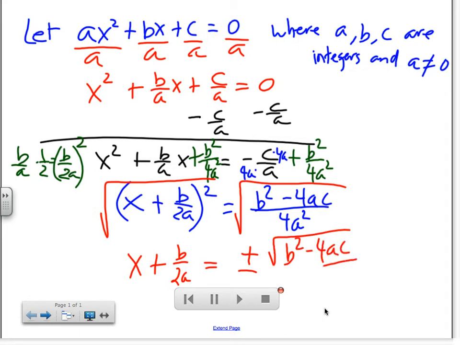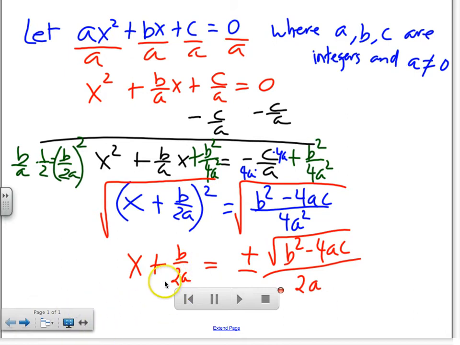So you can kind of see that the quadratic formula is taking shape at this point. We are close to finishing it up. And now the last step is to go ahead and move this b over 2a over by subtracting it from both sides. Just like that.